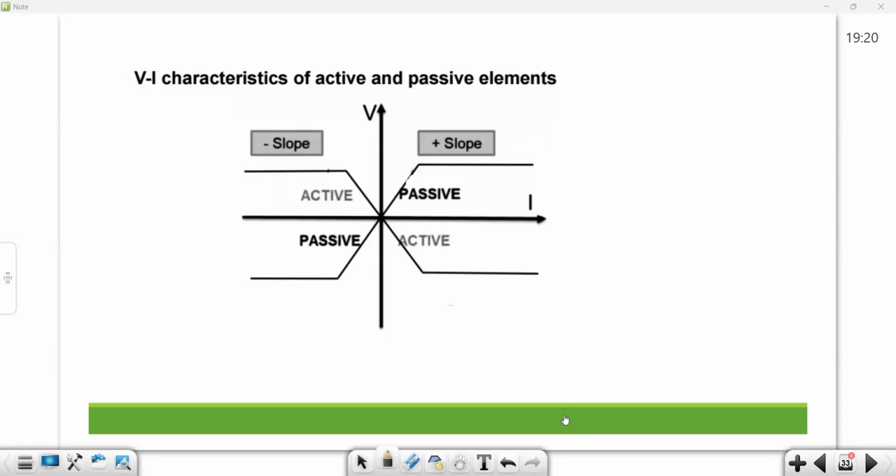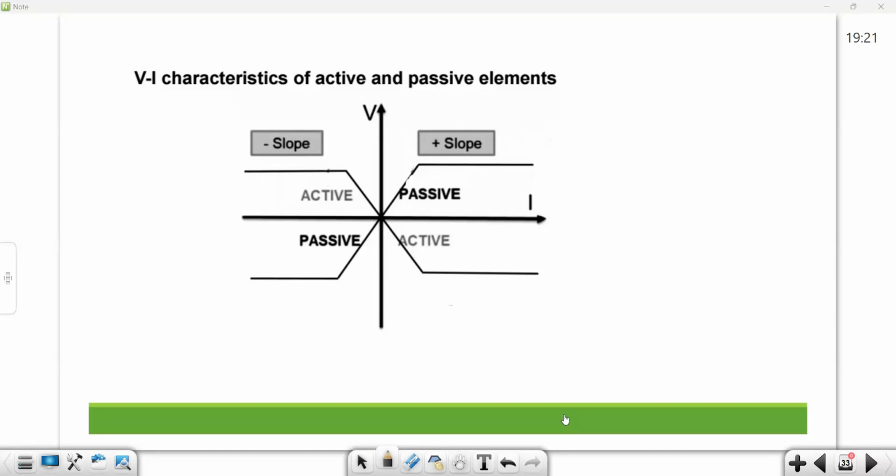Yes, please tell from which direction the current is flowing. We can tell whether it is absorbing power or delivering power by the current direction, as I told you yesterday. If the current is flowing from positive to negative, is it absorbing or delivering?